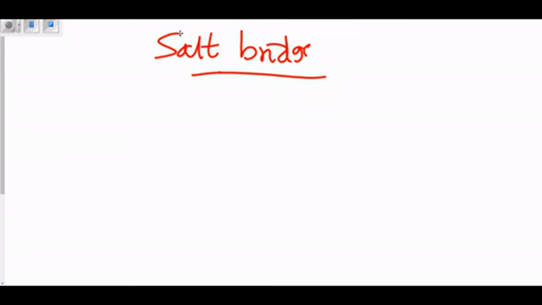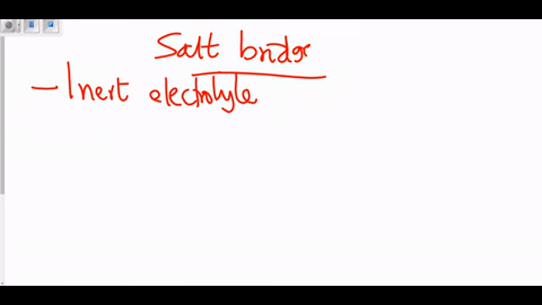The contents of a salt bridge, number one, it must be made of an inert electrolyte. Remember we talked about electrolyte a while ago? The word inert means something that is not reactive. It mustn't react with the contents of the half cells.